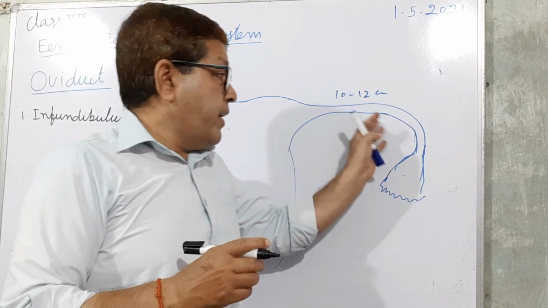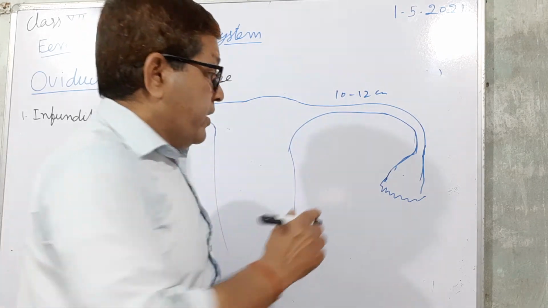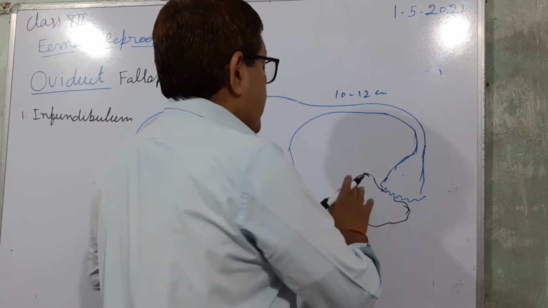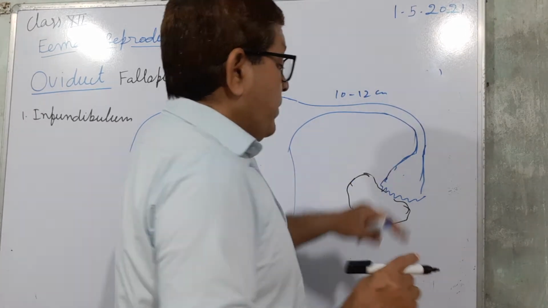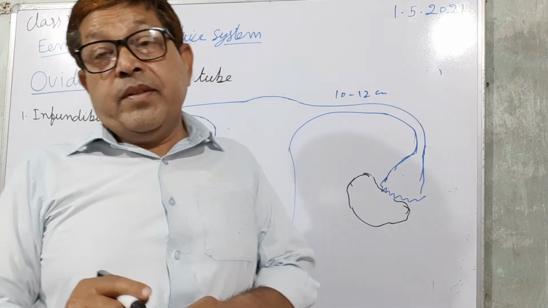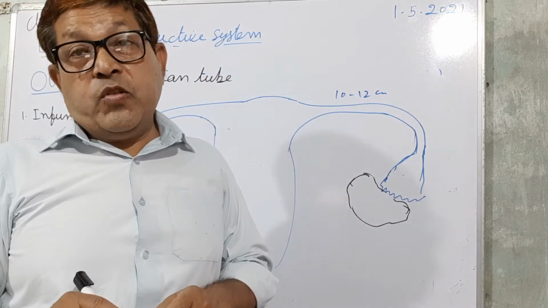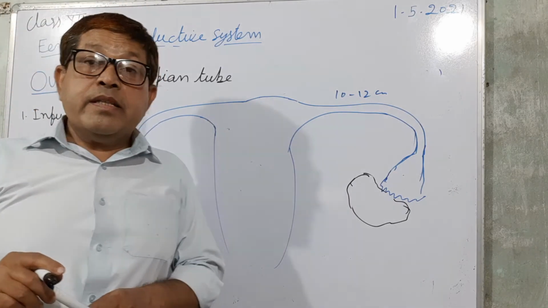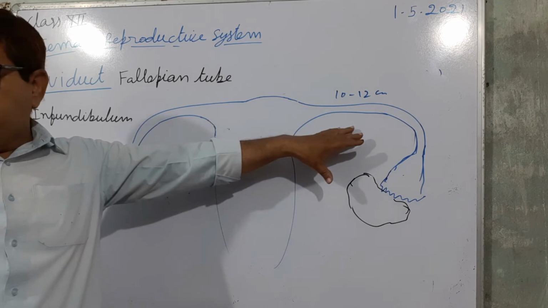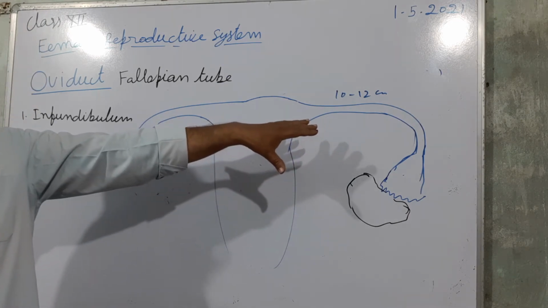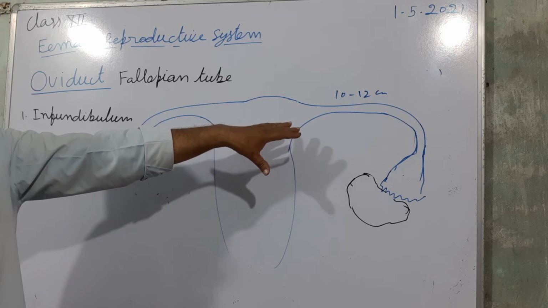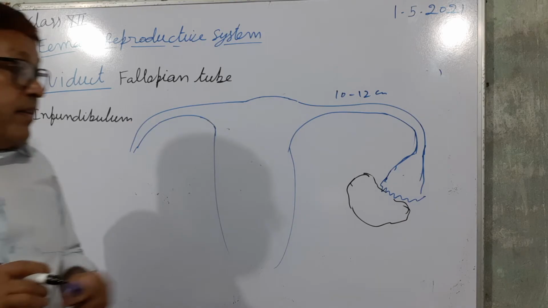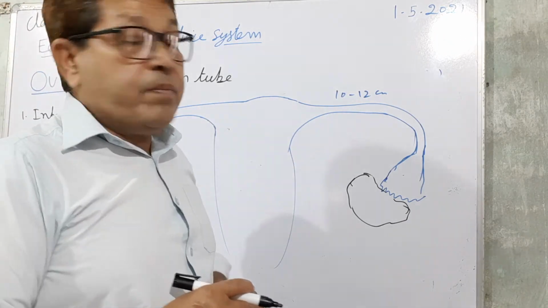This is the part close to the ovary. This region is the ovary, and infundibulum is found towards the ovary, and it has a funnel shaped structure and is having finger like projections called as the fimbriae.